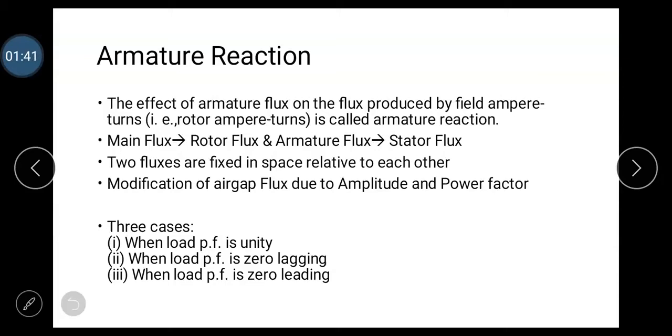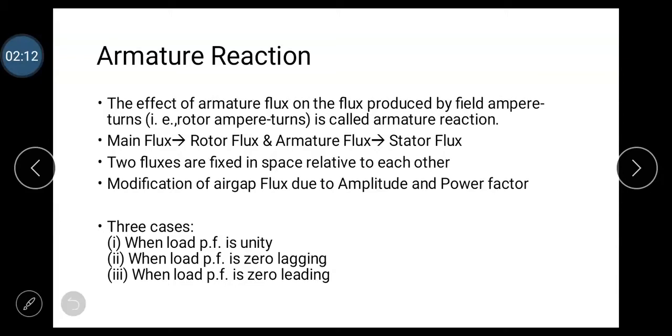Okay, so now we'll see what happens here. There are two fluxes. One is due to the rotor, which we call the main flux, and the second is the stator flux, that is the armature flux, due to the current flow under load condition. The two fluxes are fixed in space relative to each other, since the rotor rotates at synchronous speed and the stator field also rotates at synchronous speed.